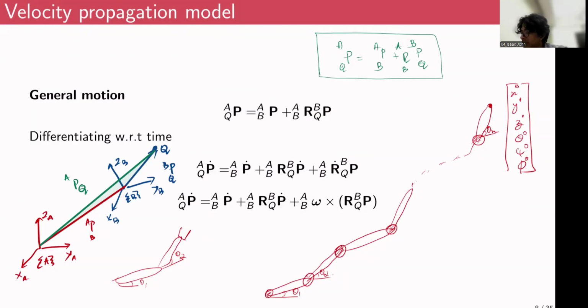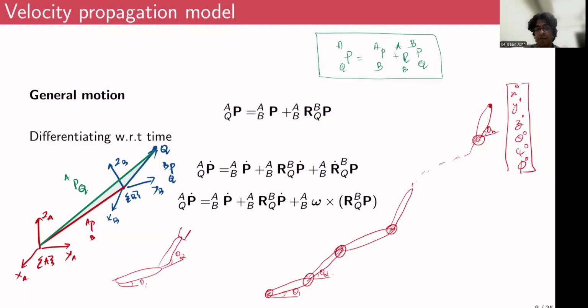So the purpose of this velocity propagation model is you basically start from the base and accumulate the effects of all the joint variables. And finally, you will end up with an expression in task space, or basically the velocities of the end effector. So you begin from the base. Obviously, base has a zero velocity, and then you consider the effect of the first joint on the end effector.